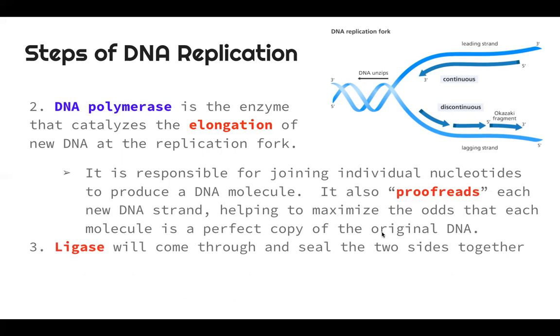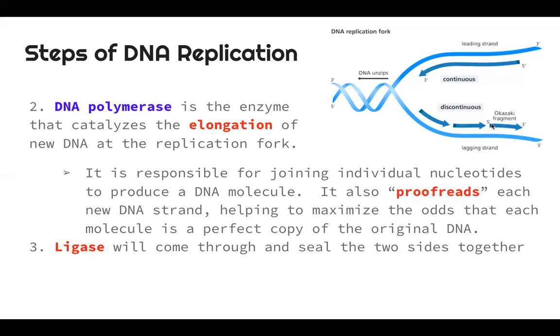So then ligase will come, and all of these little fragments have spaces because this is running in a different direction. So as the DNA unzips, it will go and fill in that space, and then it has to go back to the beginning and fill in more, okay? So the DNA unzipped this section, and the DNA polymerase replicated that section.